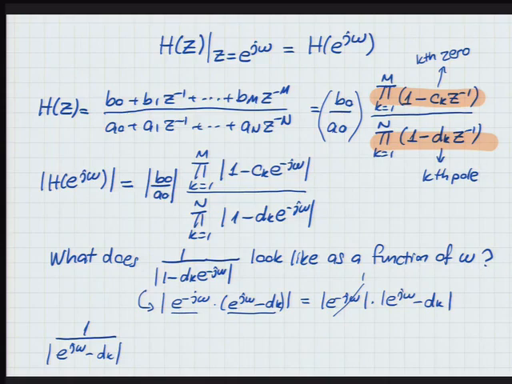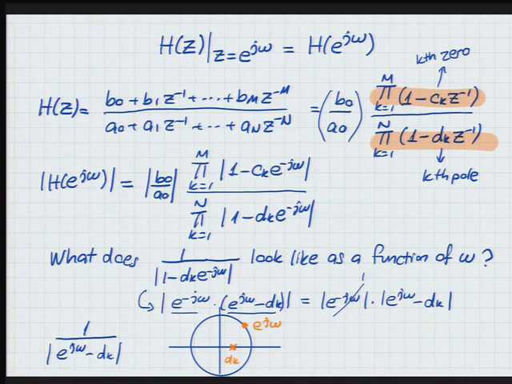It falls on the unit circle, so let's make a circle here, and then the real and imaginary axes. Not the best plot, but it's okay. And so e to the j omega is a point here that makes an angle of omega with the real axis, right? And d_k is a pole. So let's say it's a real pole between 0 and 1, so it's inside the unit circle, so it's stable. So how do you interpret e to the j omega minus d_k?